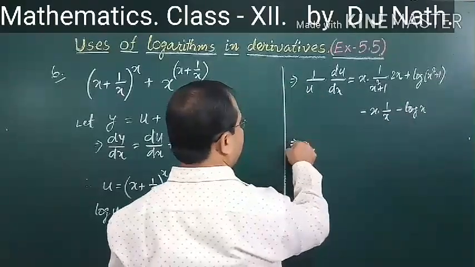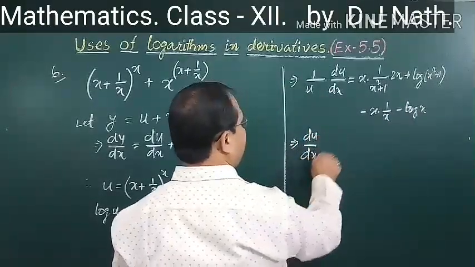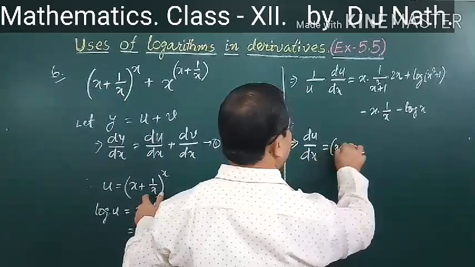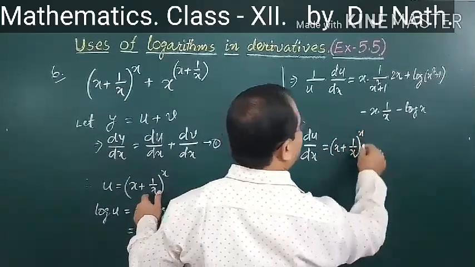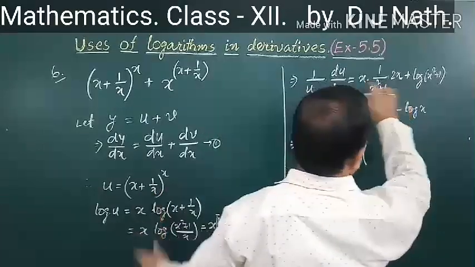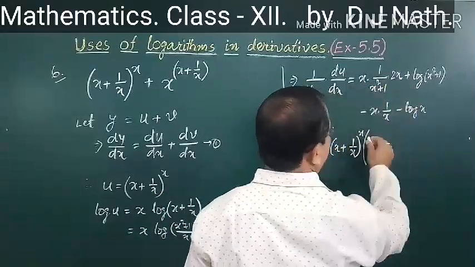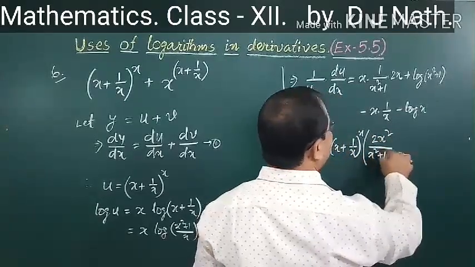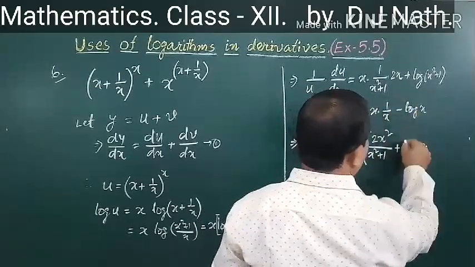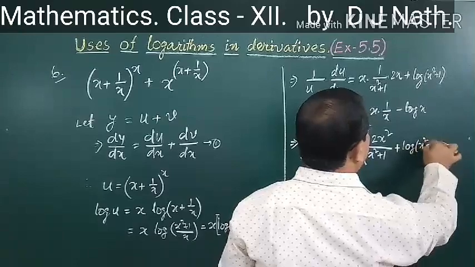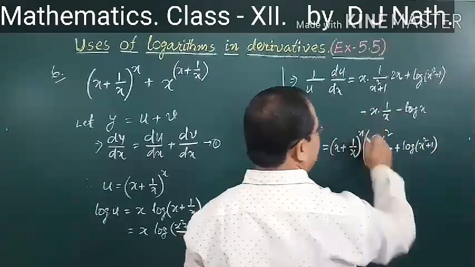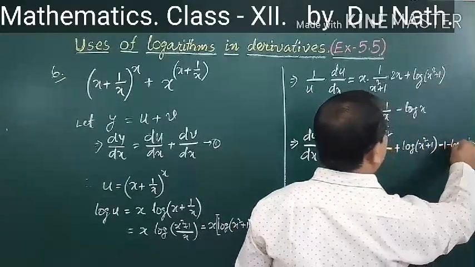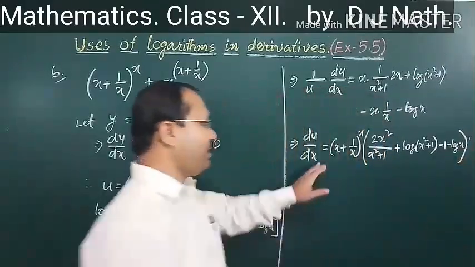So this implies du dx is equal to u, which is (x plus 1 upon x) to the power x, into 2x into x, means 2x square, so it is 2x square by (x square plus 1) plus log of (x square plus 1) minus 1 minus log x.